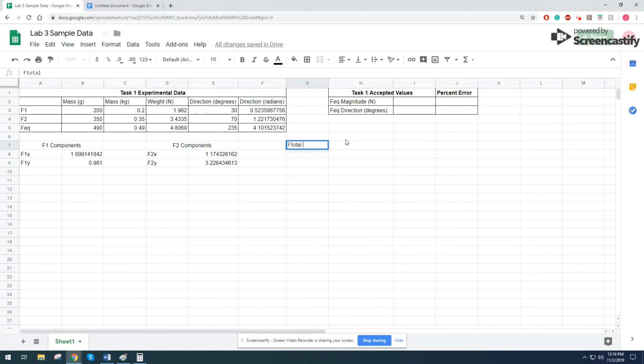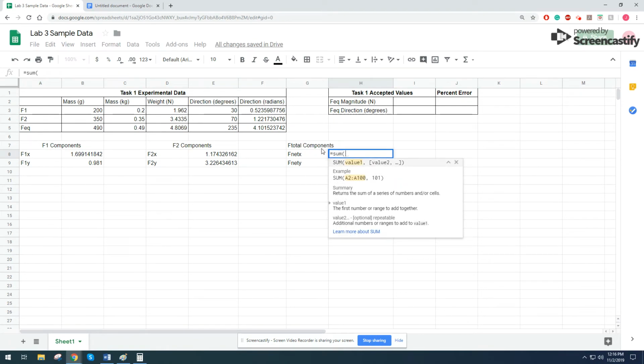So if we add all this stuff together, so F total components, FNet X and FNet Y is equal to, I add these two, right? So I can do equals sum, which is adding these two values.